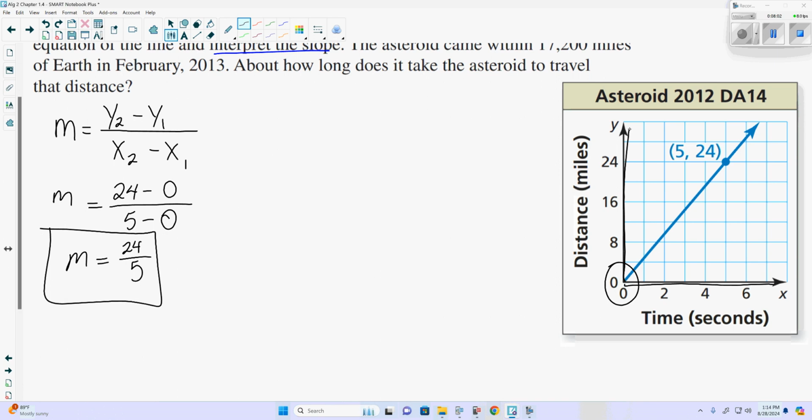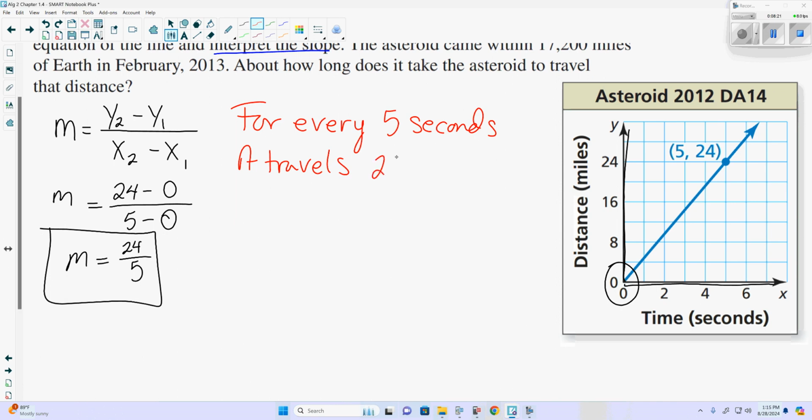So here we're saying for every 5 seconds, it travels how far? 24 miles. We interpreted the slope. That's what the slope's telling us.